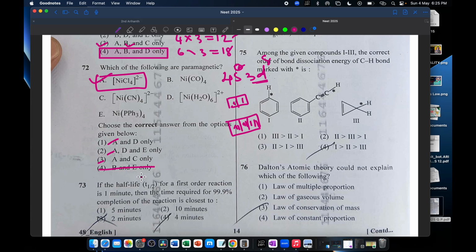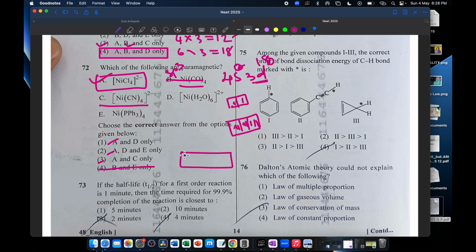So the answer should not be the fourth one. Let us consider nickel in the zero state. These electrons also come back to here, and it is an sp3 hybridized state, so we write the d10 configuration. D10 won't have unpaired electrons, so B should not be included. Now Ni(CN)4 has +2 oxidation state and d8 configuration.